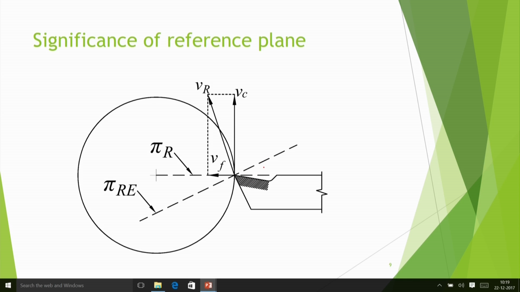So it is up to you to decide, but in most cases, the cutting speed is much more compared to the feed speed. So that effect is very negligible, and that's why in most cases we find it appropriate to take the reference plane based on the main cutting velocity.